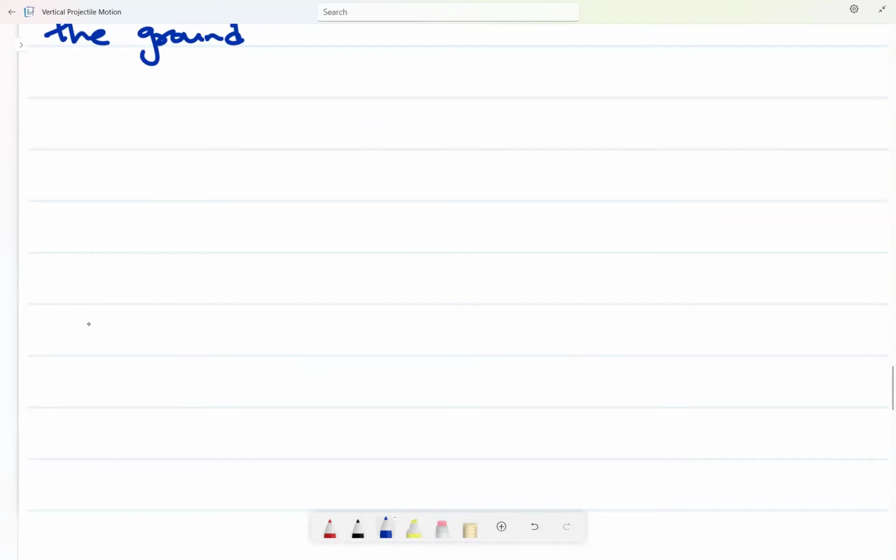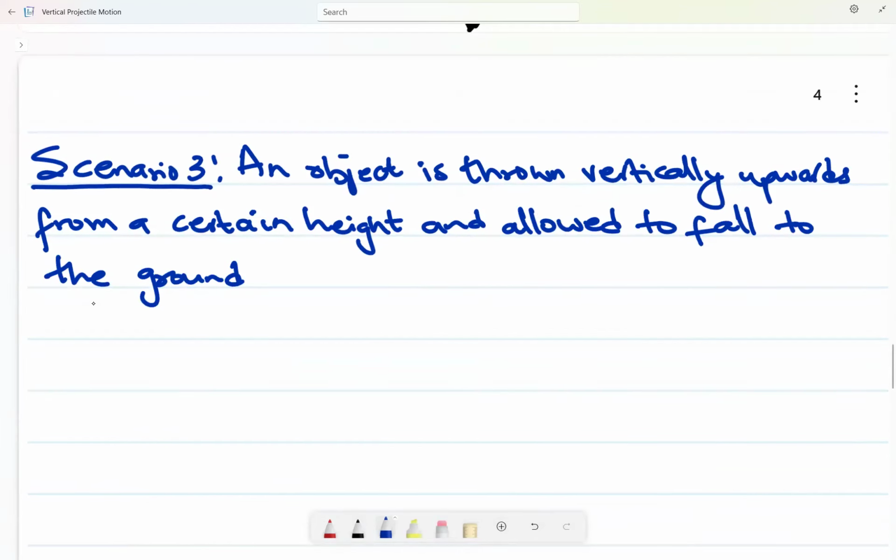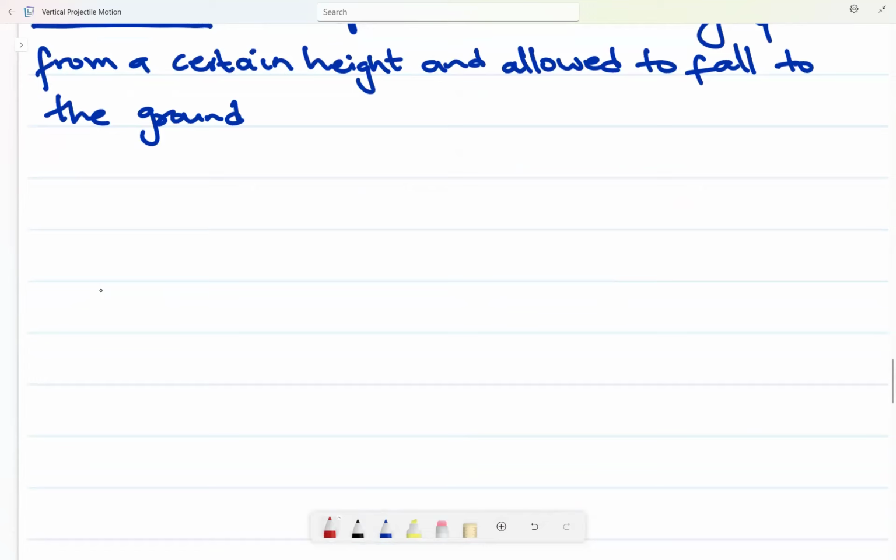So it means now we have our ball. It was thrown vertically upwards, or instead of using thrown, I'd say projected upwards. If I were to draw this, my ball is thrown from a certain height.